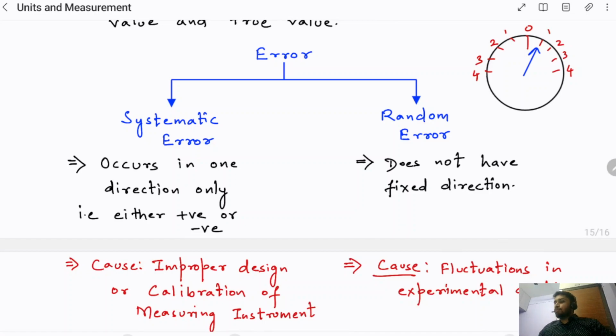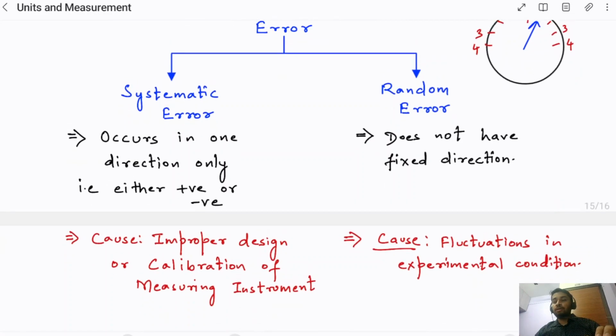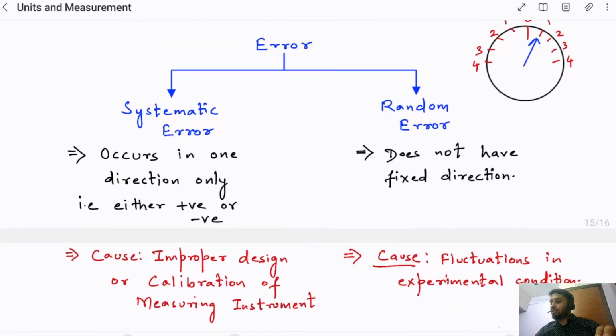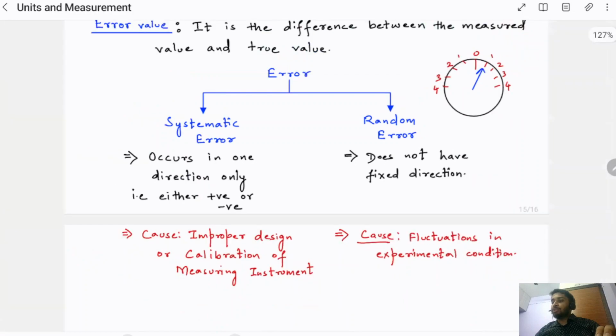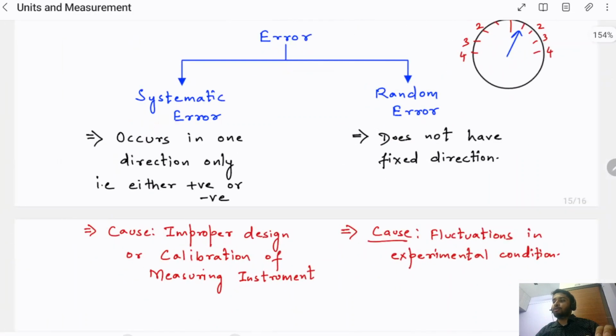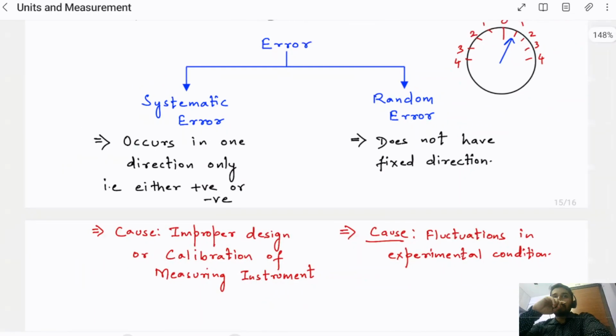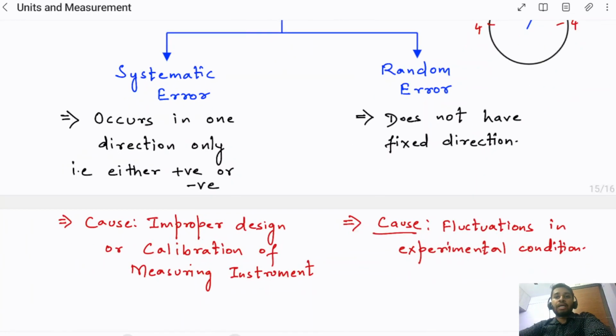For example, if you are doing any current electricity related experiment and suddenly there is a voltage spike, or some voltage fluctuation, if the voltage goes down, in that case your readings can vary and you cannot predict what is going to happen to the voltage. It may increase or decrease, so that kind of situation leads to a random error.